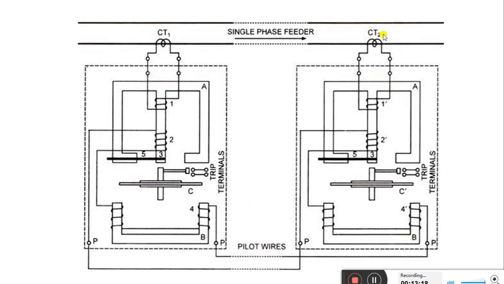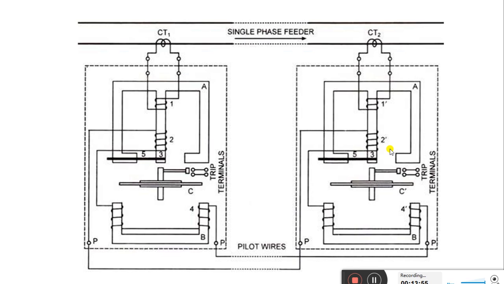But whenever there is a fault in the system, that is a single phase fault, there will be an increase in current in this feeder. So there will be an increase of sensing current through CT1 and CT2, and its effect will be in the coils 1 and 1 dash. So what will happen? Earlier the 2 and 2 dash were in phase opposition, so they were neutralizing the current flow in the operating coil.